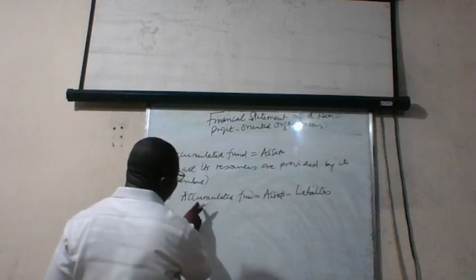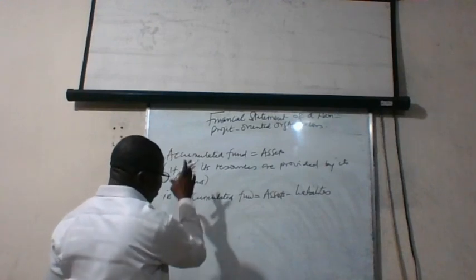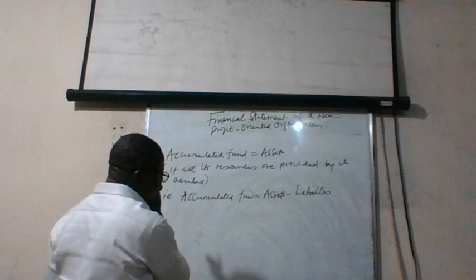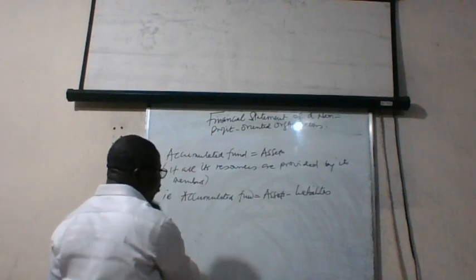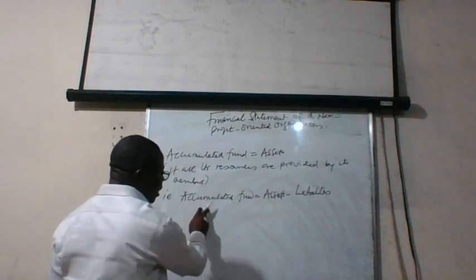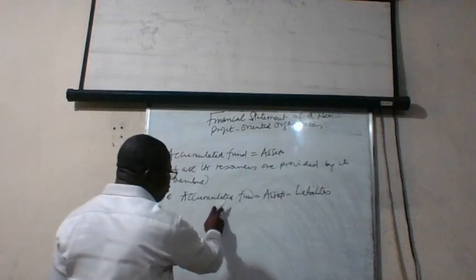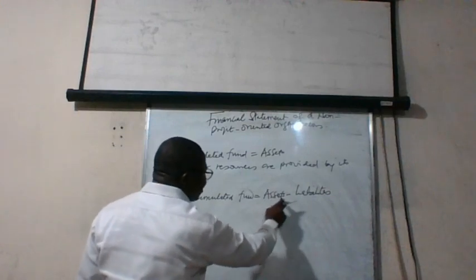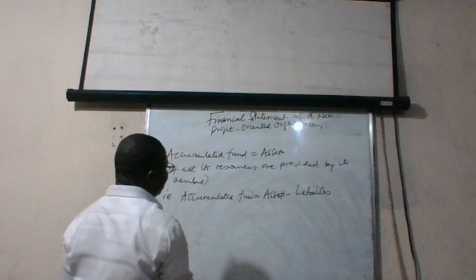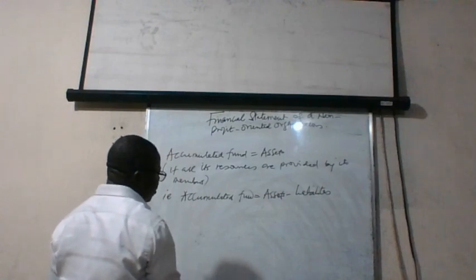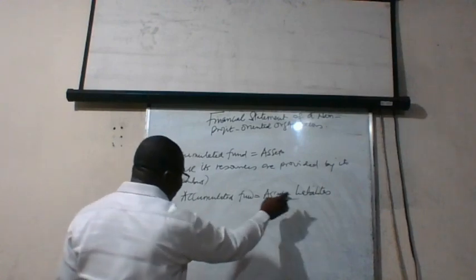So this is capital. Remember the formats that I showed, the difference between the profit making and now this is capital. So capital will be equal to assets minus liabilities.